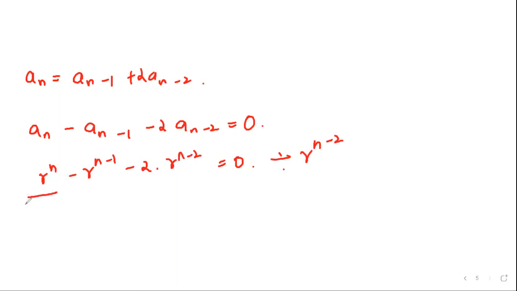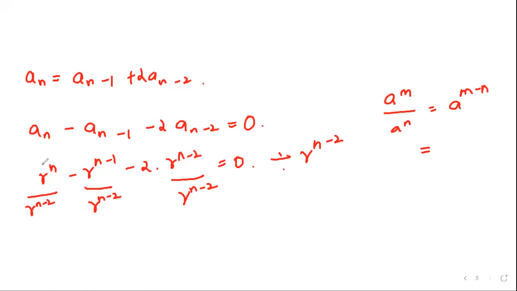So once you divide this with r power (n-2), you will get, using a power m by a power n gives a power (m minus n). I hope you remember this, exponent and power.